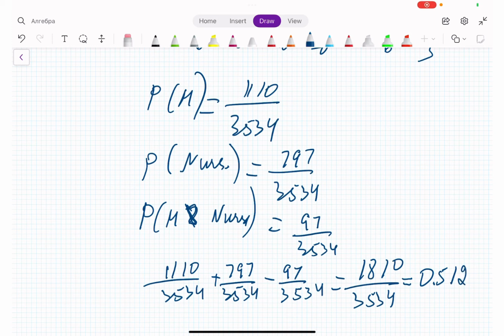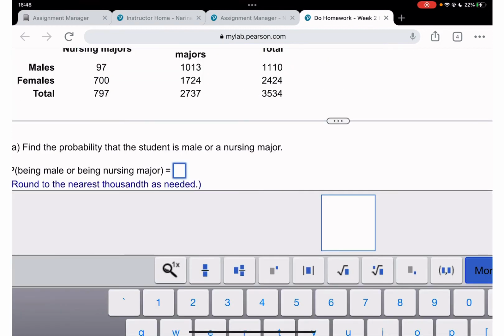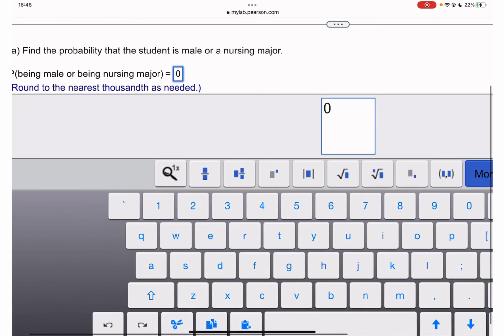It was asking for 3 decimals. 0.512, let me put in there. 0.512. Oops.